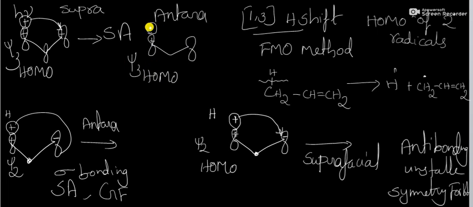This is our hydrogen, and in the case of antarafacial migration, plus minus, that is plus minus, symmetrically forbidden. So 1,3 hydrogen shift in the presence of light by antarafacial migration is symmetrically forbidden and geometrically forbidden.